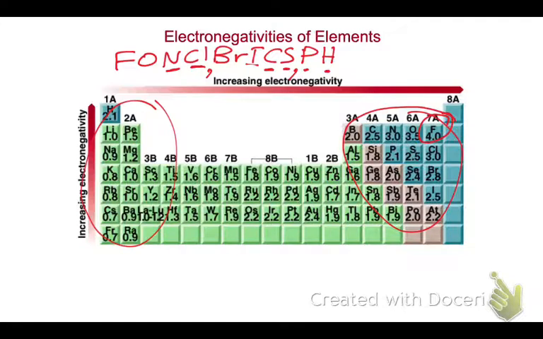So the last two elements of every part are the same. Funkel, chlorine and nitrogen are the same. Bricks, sulfur and carbon are the same. Paha, hydrogen and phosphorus are the same. Funkel, bricks, paha. Okay, and if you remember that, that will always allow you to know the relative electronegativity between different atoms.